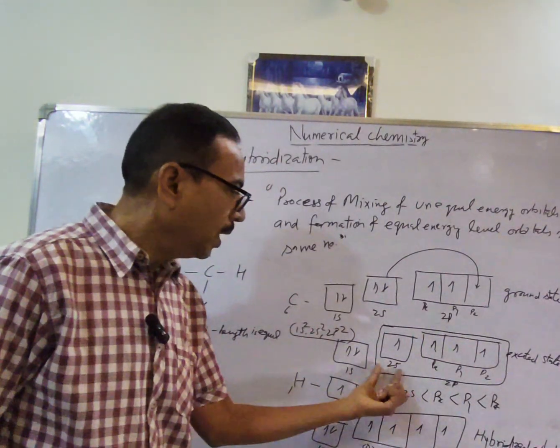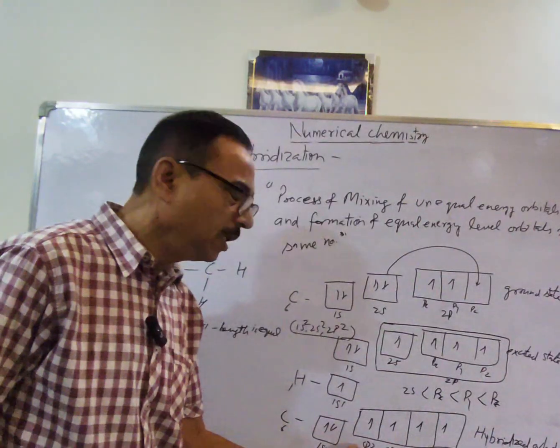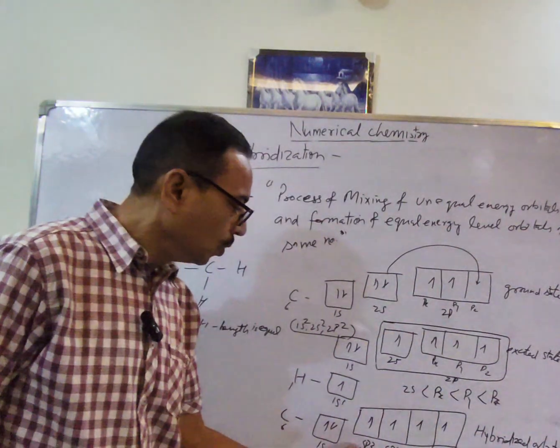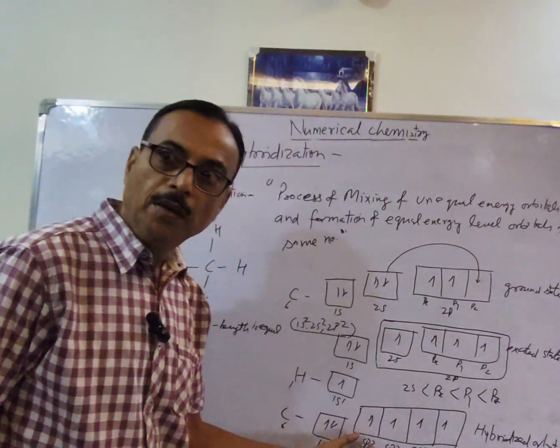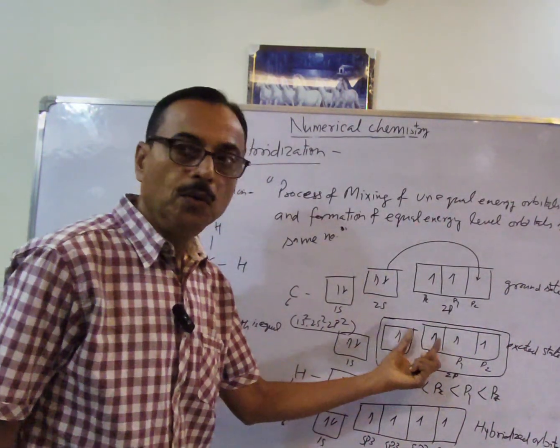SP3 is the nomenclature, showing that one s and 3p mix and form new orbitals.